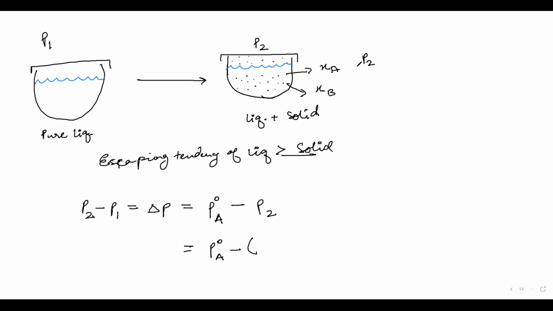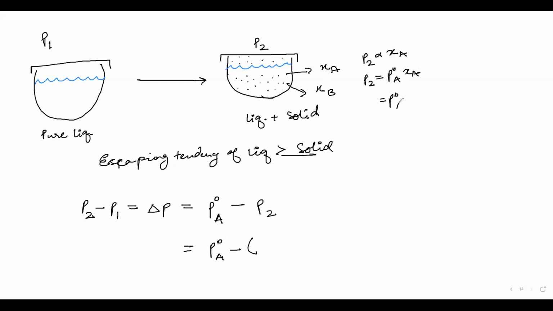P2 will be directly proportional to the amount of chi A, right? Yes, sir, chi A. So I can say that this P2 will be equal to P naught of A times chi A.